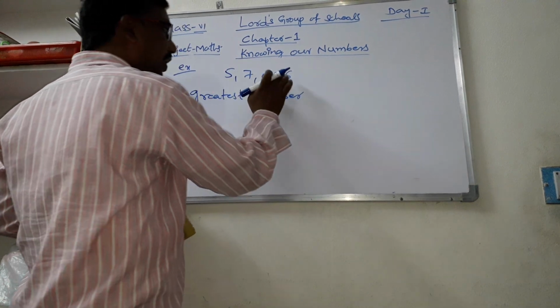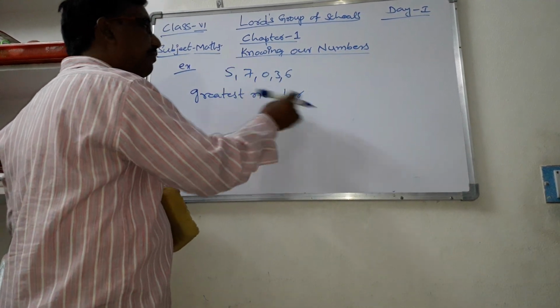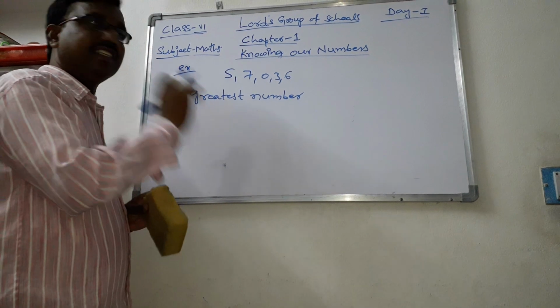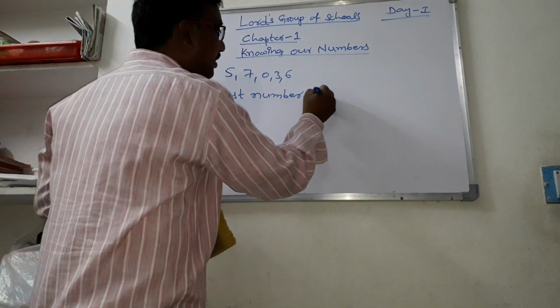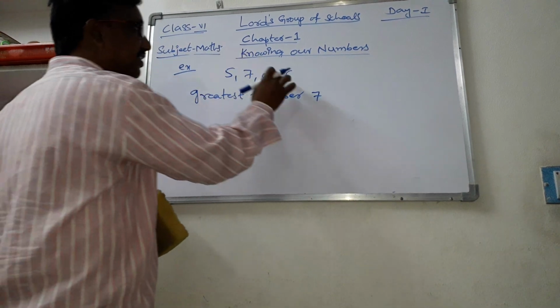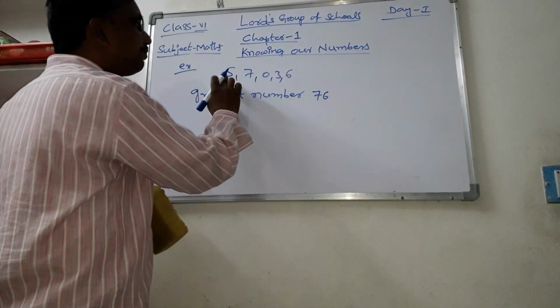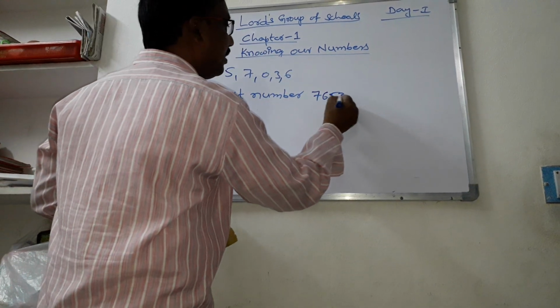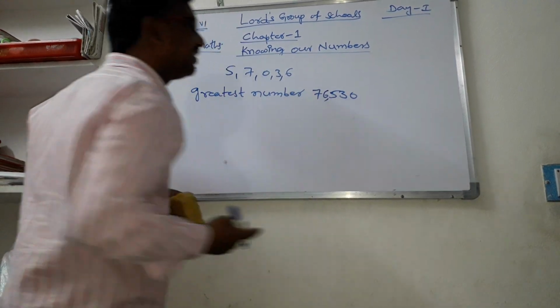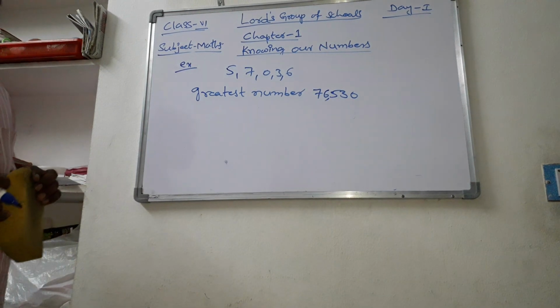Whatever digits we have been given, from them find the biggest digit. We know that 7 is the greatest digit among the given digits. Write that first, then go to the next. It is 6, then 5, then 3 and lastly 0. This is 76,530.